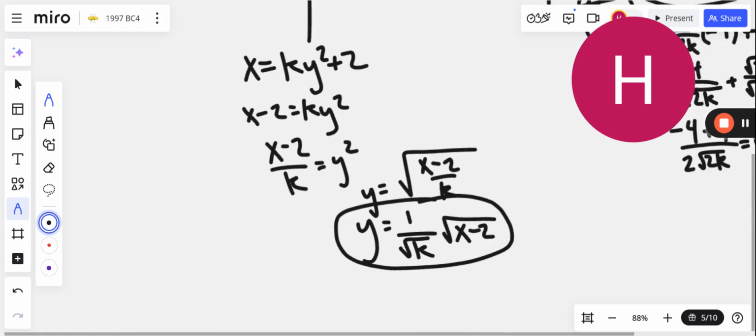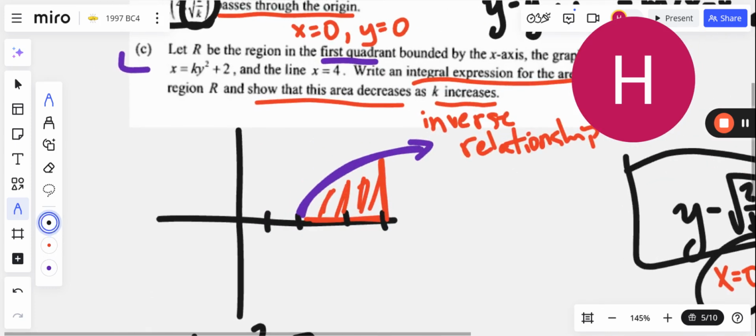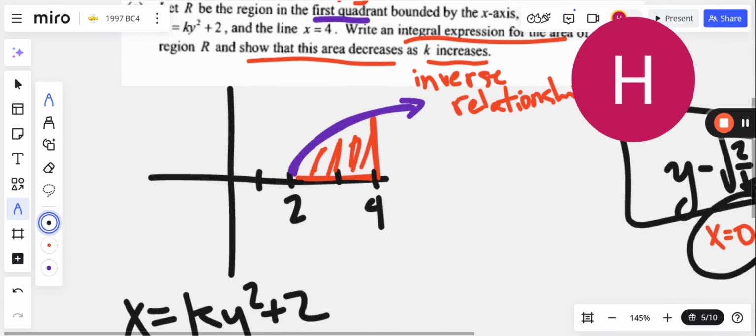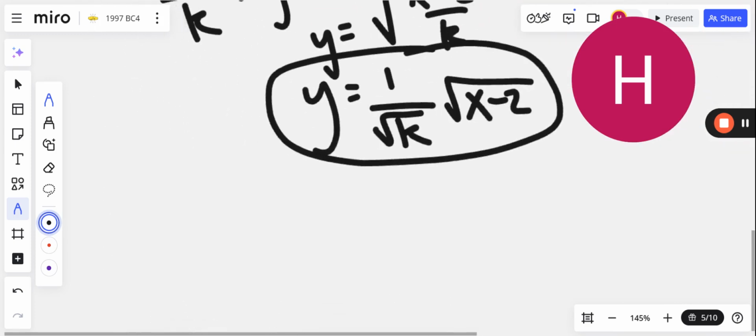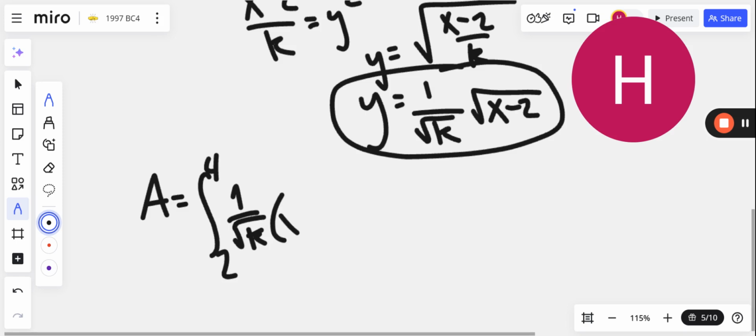So this is the equation of the graph that we're looking at, and we want to find the area inside of there from 2 to 4. Let's write this in the form of an integral. Area is the integral from x equals 2 to x equals 4 of 1 over root k, which is just a constant, some number. We don't know what k is, but it's some number. Times, let's call it, x minus 2 to the 1/2 power.